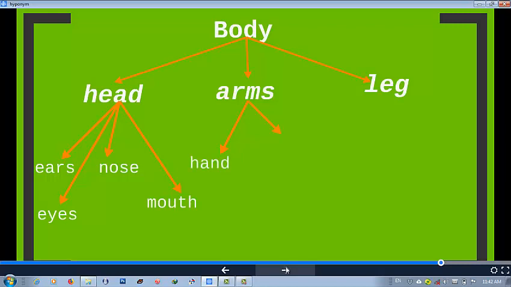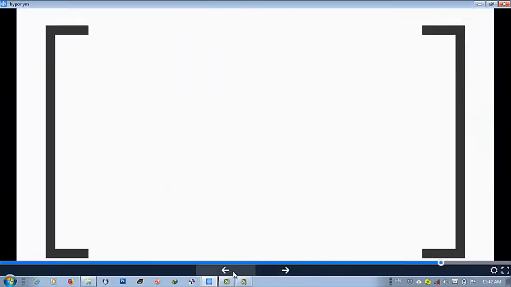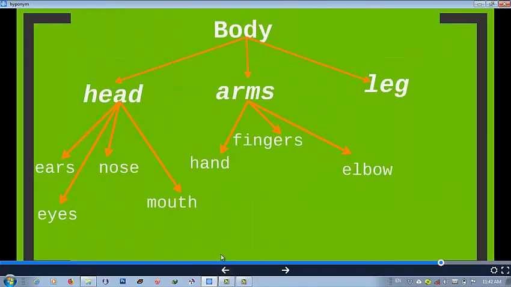And arms, we have fingers, and we have an elbow to complete one arm. Alright? So elbow, finger, hand are the meronym of arms. Mouth, nose, eyes are the meronym of the word head. So head, arm, leg are the meronym of the word body.